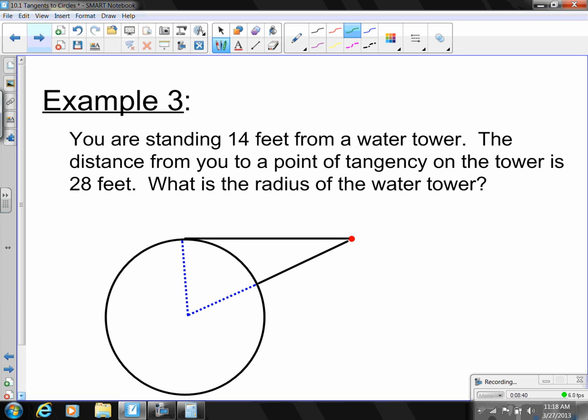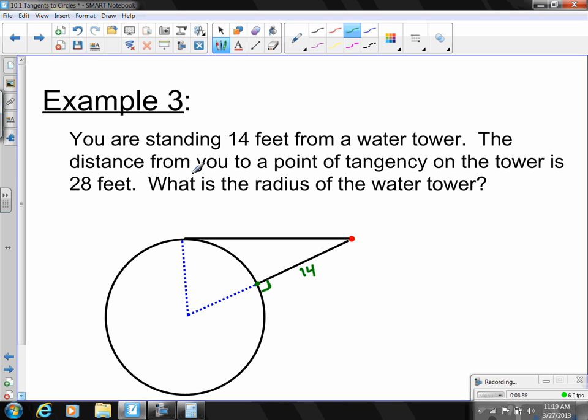This is an interesting problem. If you're standing 14 feet from a water tower, so we have this picture, you're going to be measuring that at the straight distance, the shortest distance to the water tower. We're saying that's 14 feet.